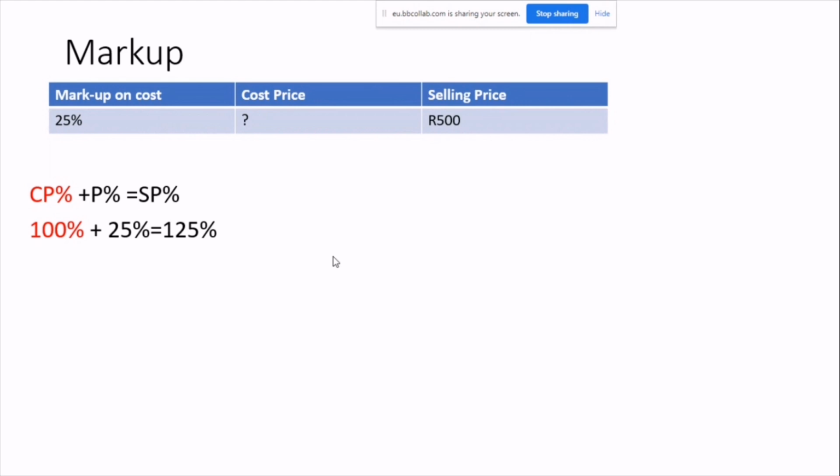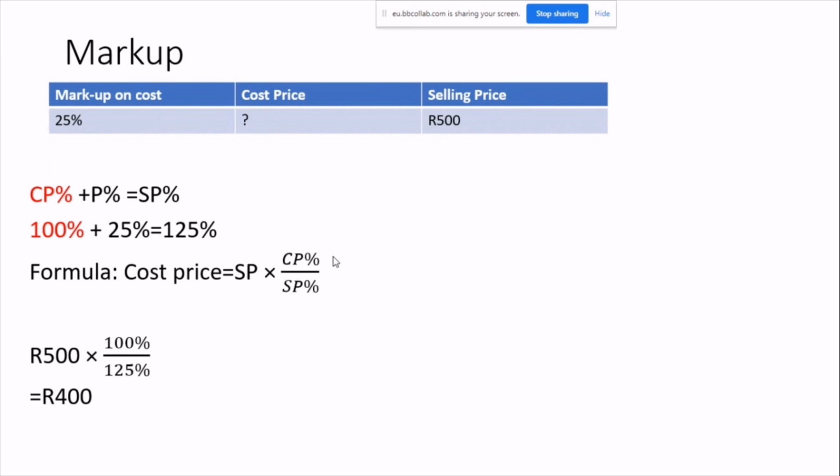Therefore, our SP is 125%. The formula: at this point, we are calculating our cost price, and here's the formula, guys, which is SP, selling price, multiplied by CP percentage, divided by SP percentage.